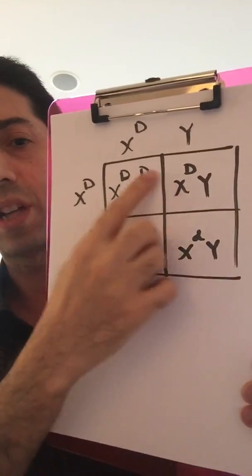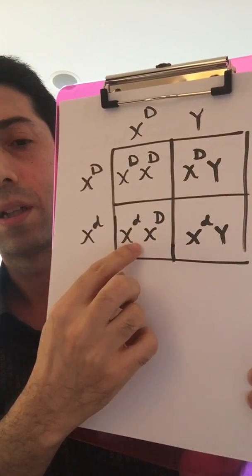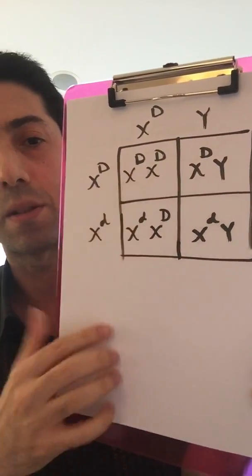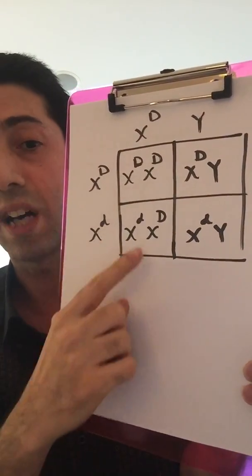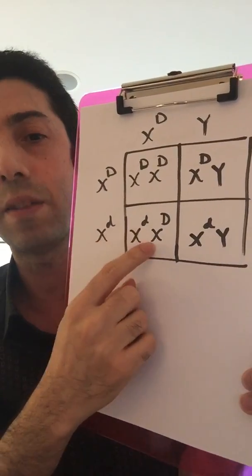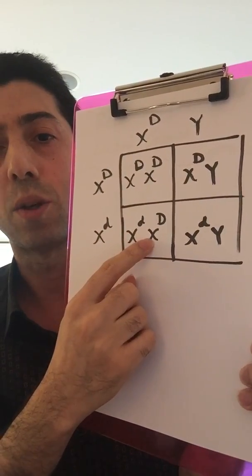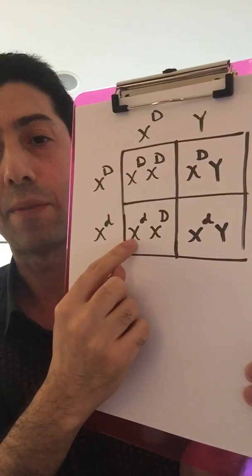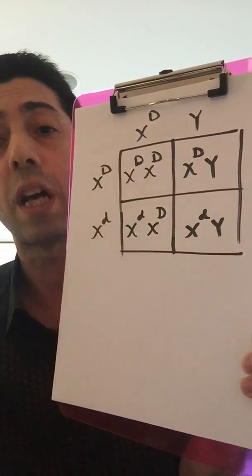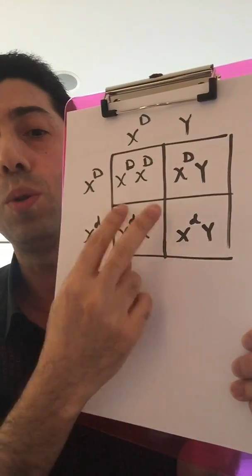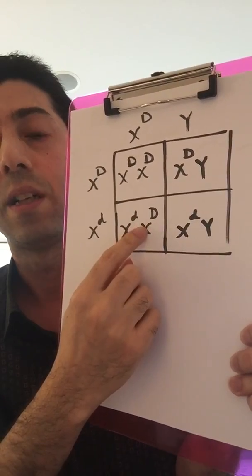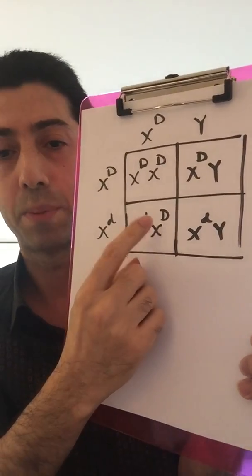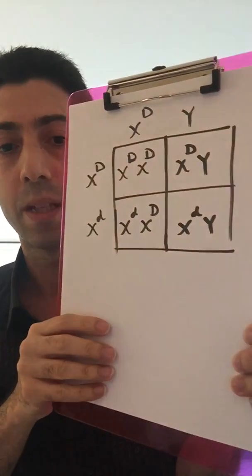Well, the girl will not get the problem. For a girl it is 0. Again, do not make this mistake. It's a recessively inherited problem. And for the recessive phenotype to be expressed, you need two lowercase alleles. So this one does not show the problem. The probability is 0. Okay.